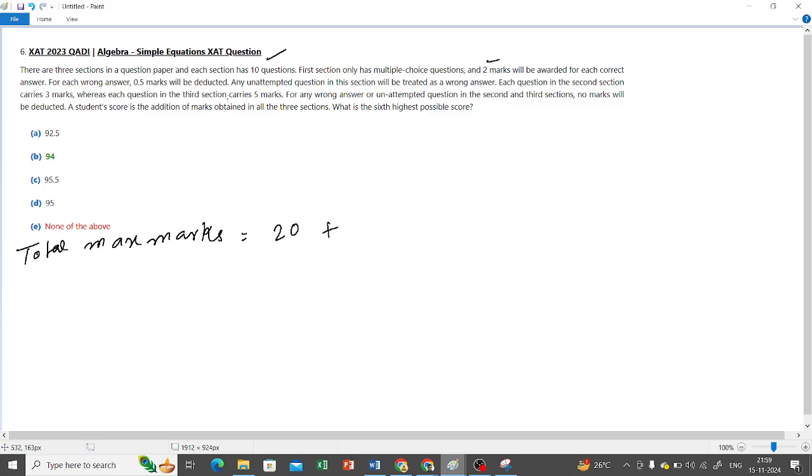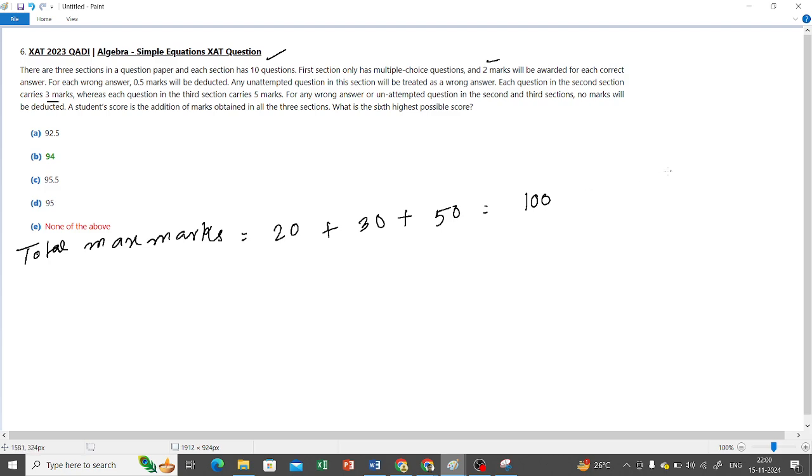Plus, in section B, there are 10 questions carrying 3 marks, so 30. Plus, in section C, there are again 10 questions carrying 5 marks, so 50. So that means 100 marks. Yes or no? This is the maximum marks that a student can get.